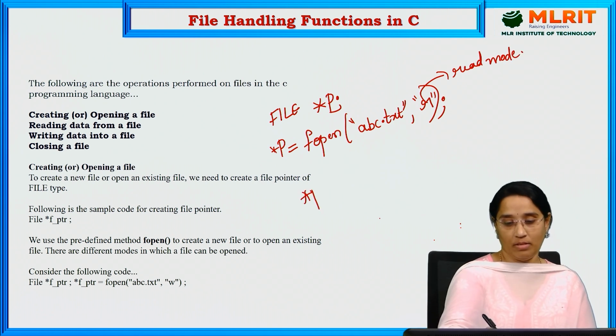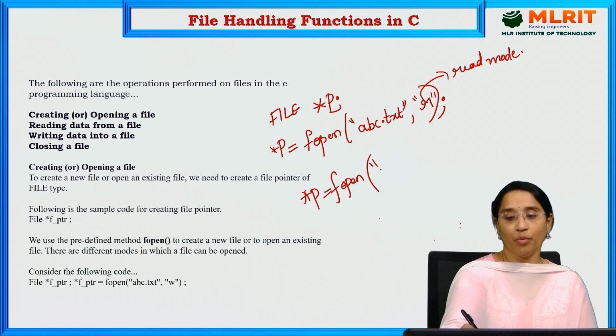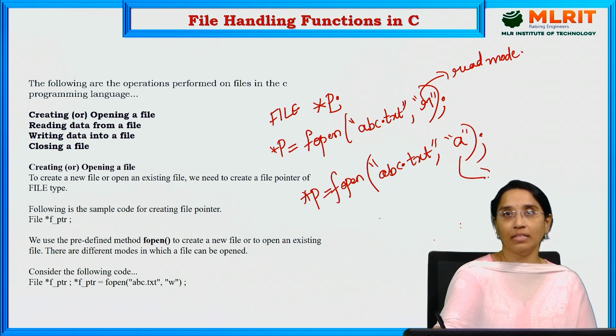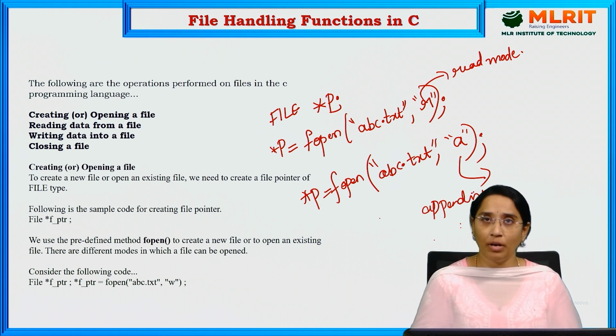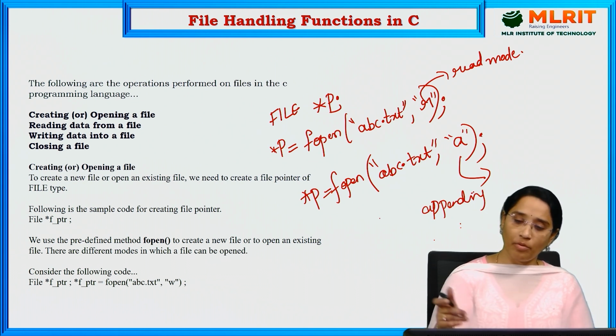Next, suppose if you want to open that particular file to append some content, it's abc.txt, comma a. What does a indicate? A means appending, so you want to add any text to that particular file, you have to specify that mode.